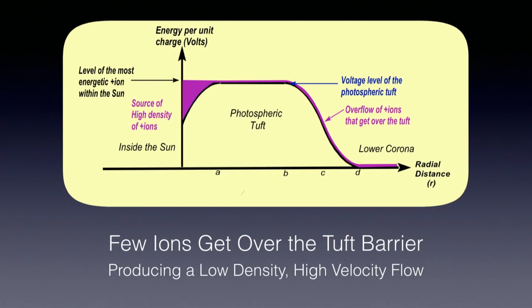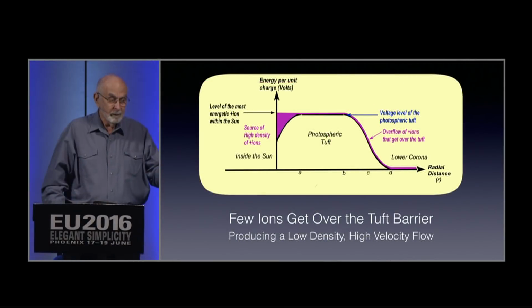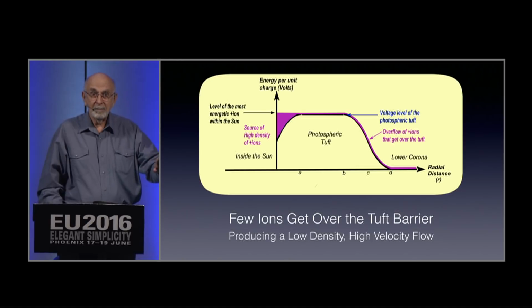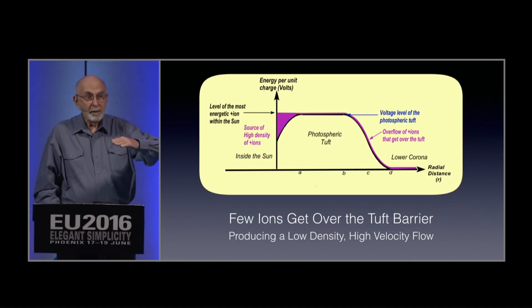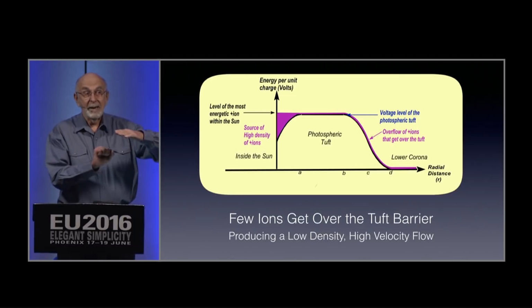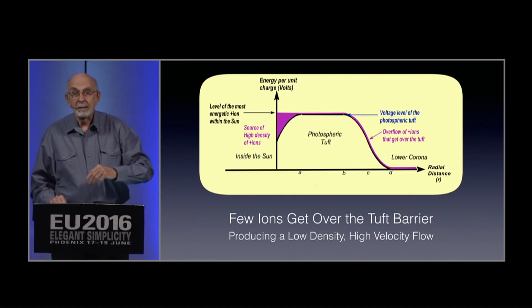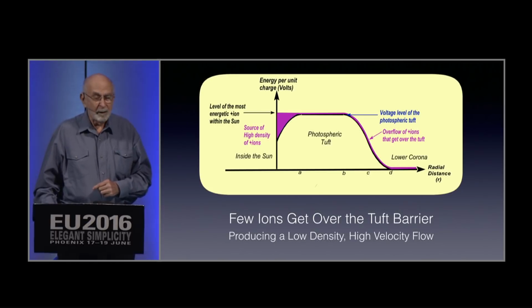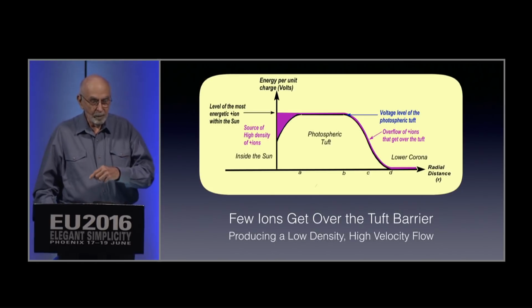And so I think you can visualize that if the most excited, the most energetic positive ion in that close to the surface area is just higher than the voltage of the photospheric tuft, some of those positive ions can trickle over the top of the dam, if you will, and get accelerated down through the corona, down through the chromosphere into the lower corona.